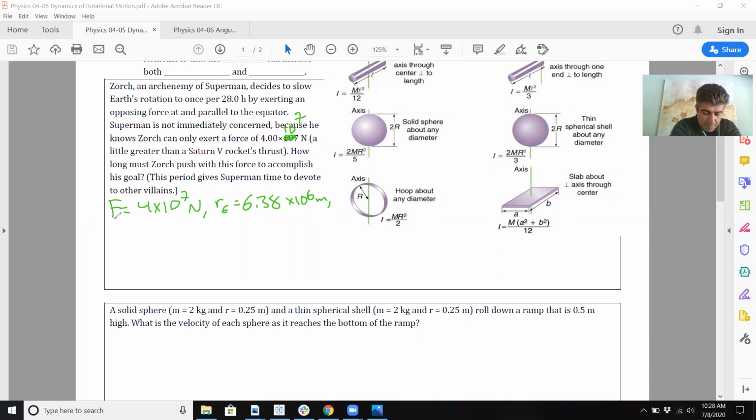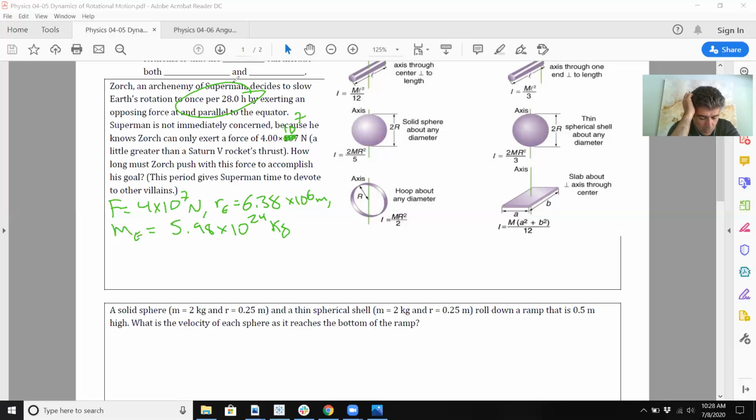And we also know the mass of the Earth, 5.98 times 10 to the 24 kilograms. Okay. So again, we're trying to figure out how much time this person has to apply this force to actually get the Earth's rotation to slow down by that much.